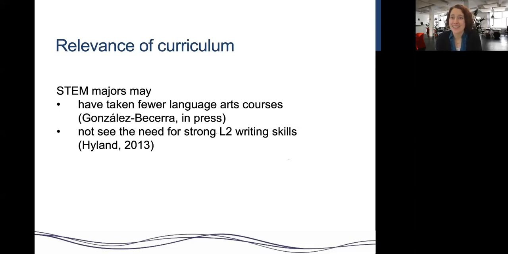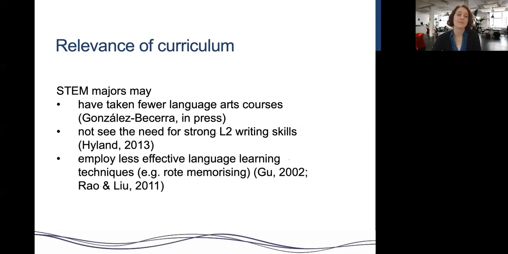And that's not always the case. Not only might they not be excited, they also might not even think it's necessary. And what we might call less effective language learning techniques can be used by this particular group. So there are differences in the backgrounds that these learners are bringing with them into our classrooms and into the study.